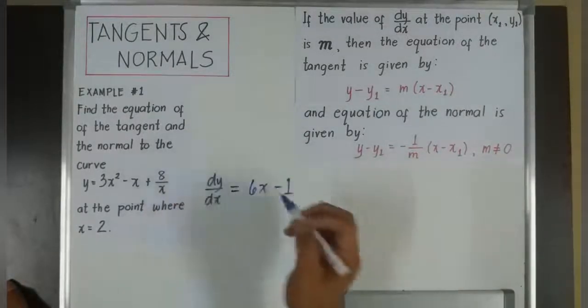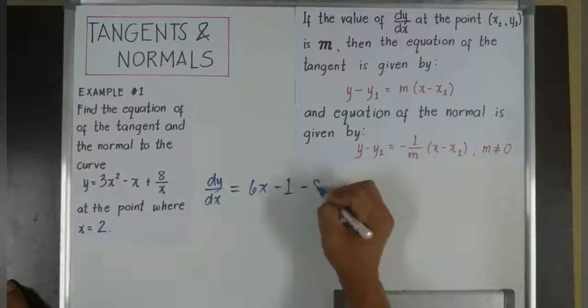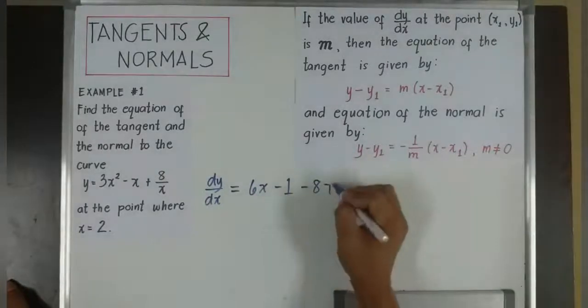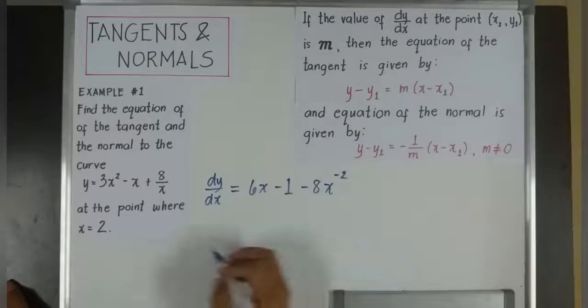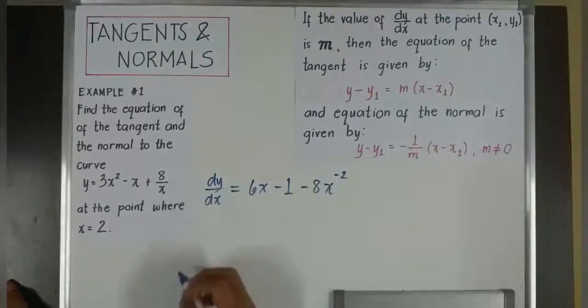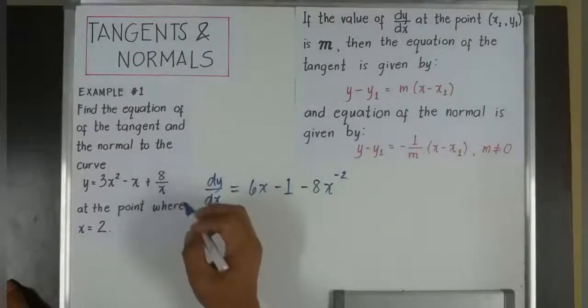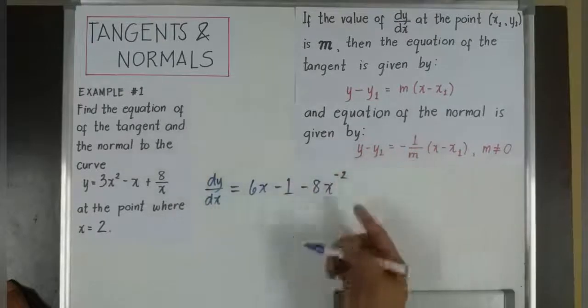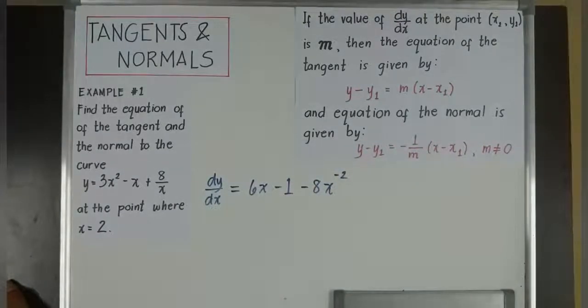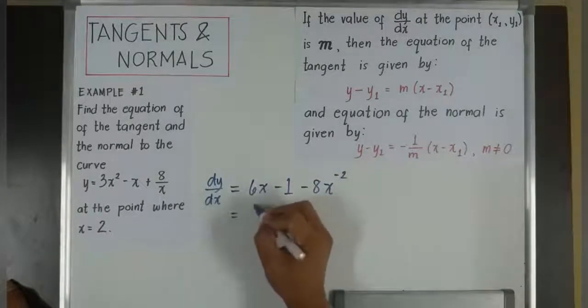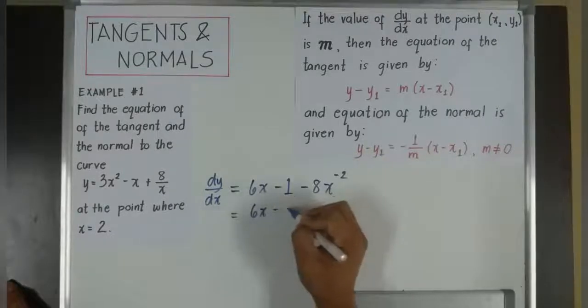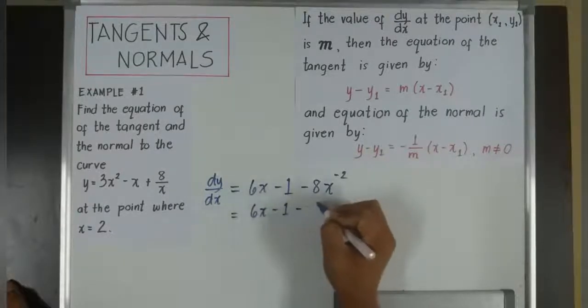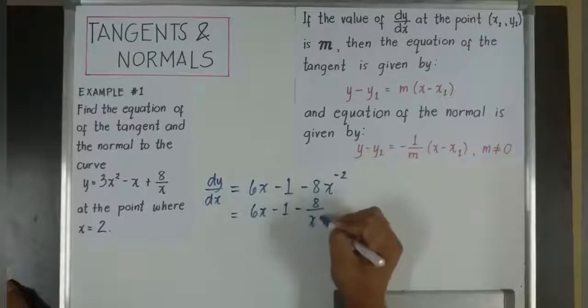Negative 1 times 8 is negative 8, and x to the power of negative 2. Why negative 2? Because x to the power of negative 1 minus 1 is negative 2. So it will become 6x minus 1 minus 8 over x squared.